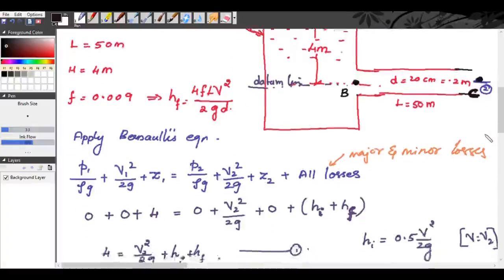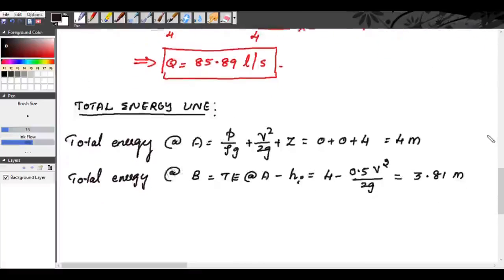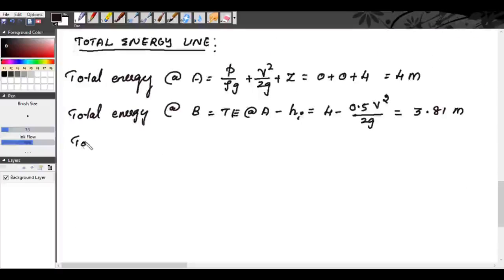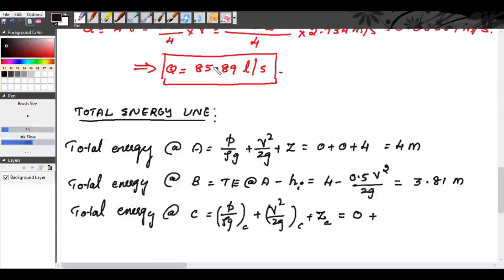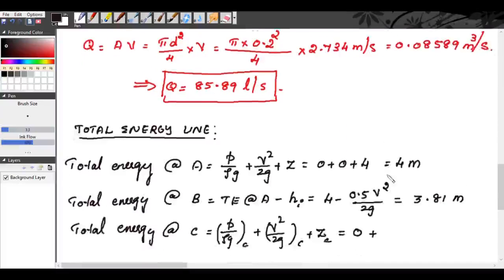So the total energy at C is equal to P by rho G at C plus V square by 2G at C plus Z at C. P by rho G is 0, and V is nothing but 2.734.